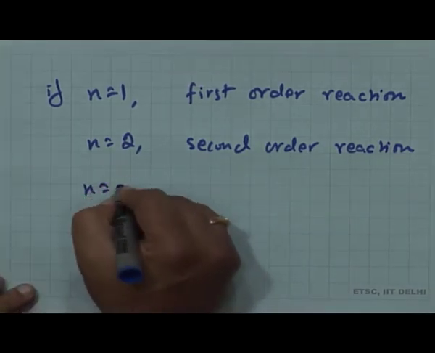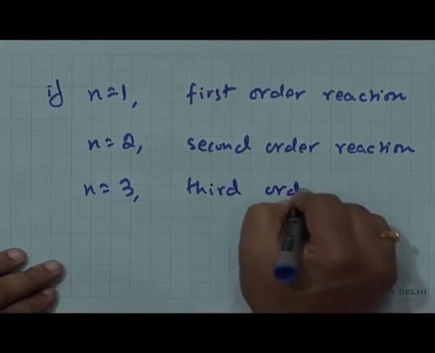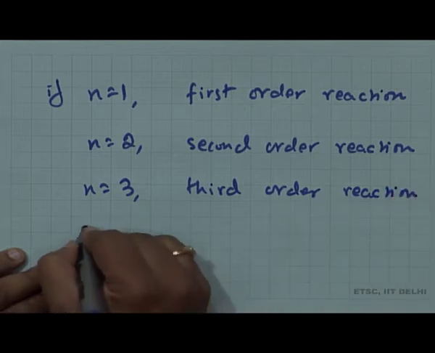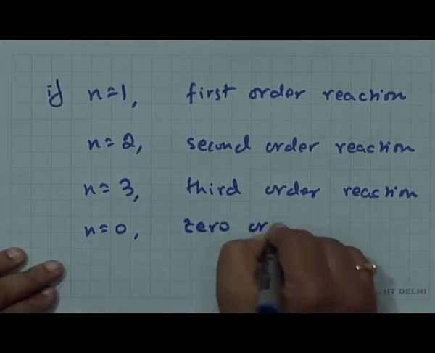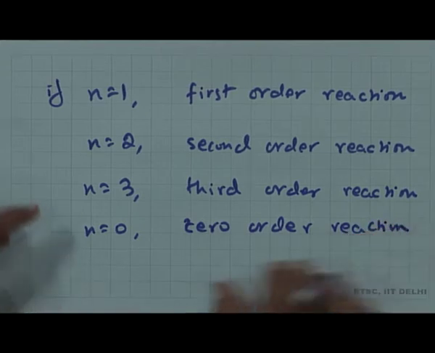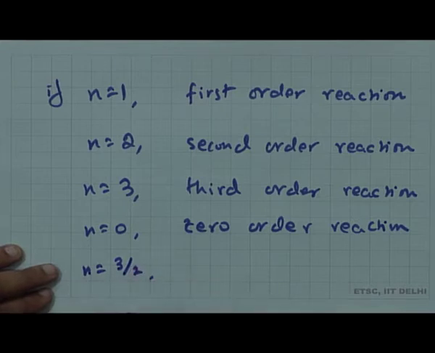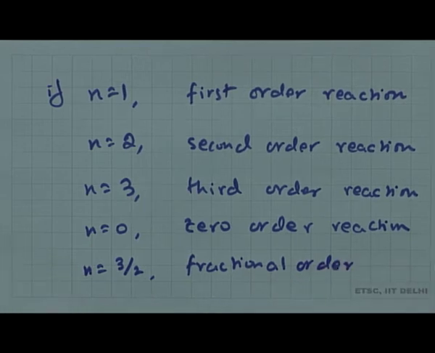If n is equal to 3, likewise it is a third order reaction. If n is equal to 0, it is referred to as a 0 order reaction. If n is 3 by 2, or 3 halves, then it is a fractional order, that means fractional order of 3 halves.